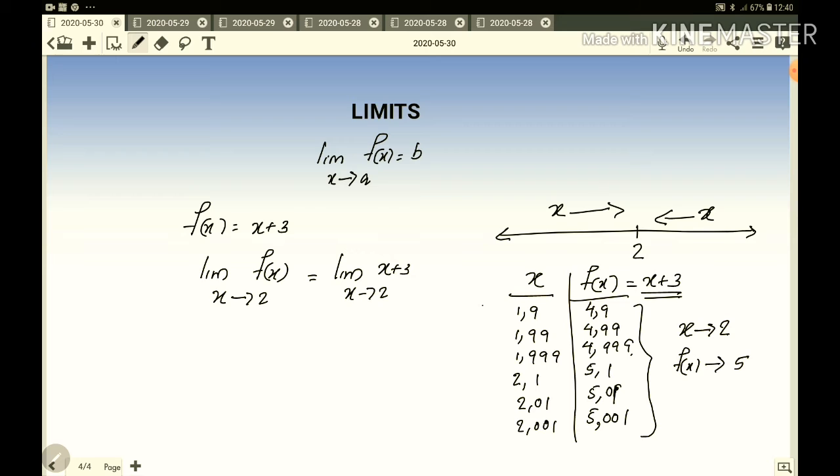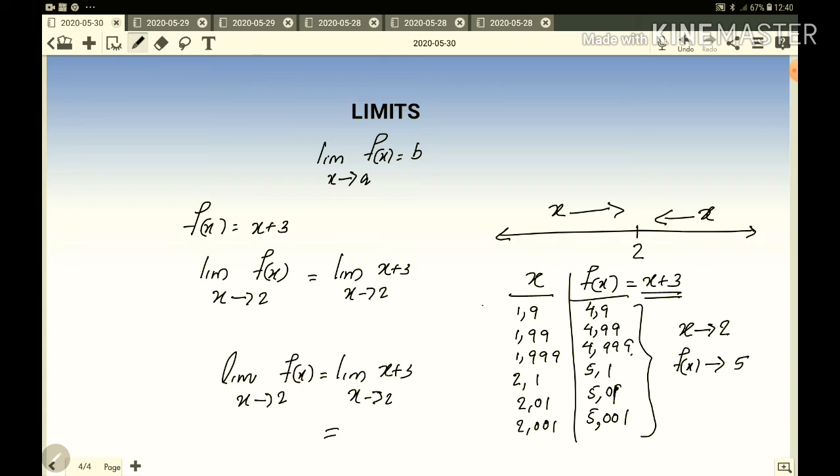So when it comes to a calculation, you can replace or substitute x with 2 to find where f of x is moving to. That is, limit x tends to 2 of f of x, how do we do it? Limit x tends to 2, f of x is what? x plus 3.